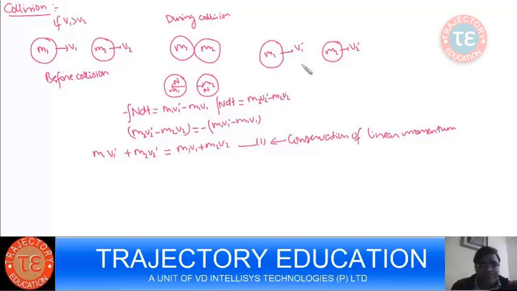In this collision, I am not considering any change in potential energy. This is a horizontal plane, so the gravitational potential energy is remaining constant throughout for every particle. And second thing, I am considering these two particles as very hard balls, so they are not getting deformed as well, right?